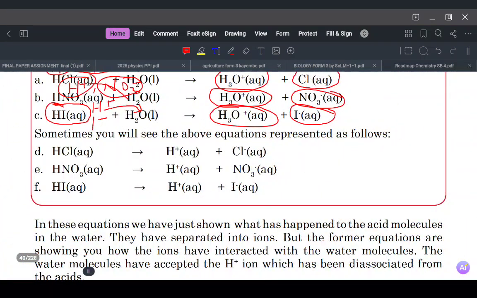They ionize completely. Another way to rewrite the same equations is simply to split each acid into two ions. For example, we split the hydrochloric acid into hydrogen ions and the chloride ions. These are totally separated. Therefore, hydrochloric acid is a strong acid. What is a strong acid?